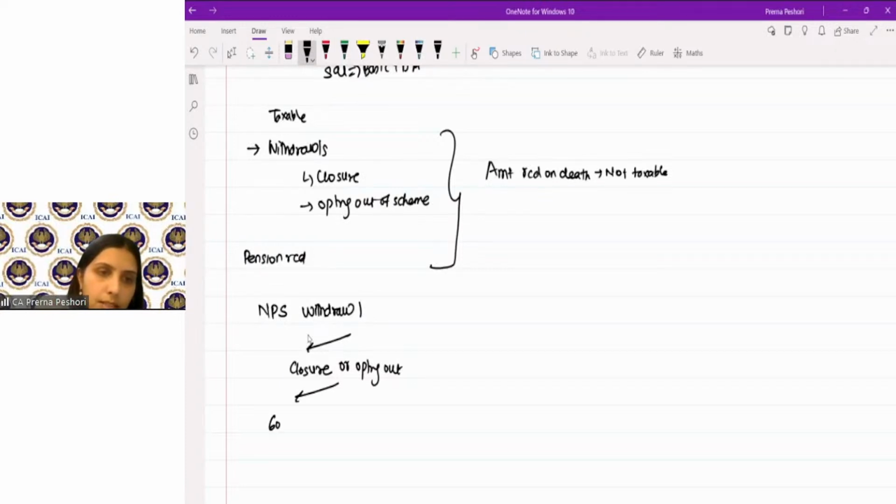So 60% will be exempt. 40% is taxable. Are we clear?